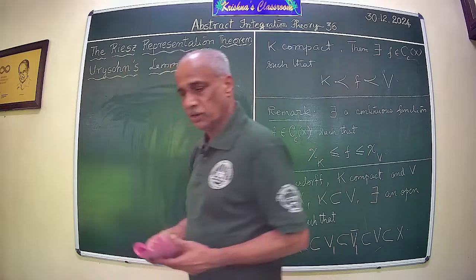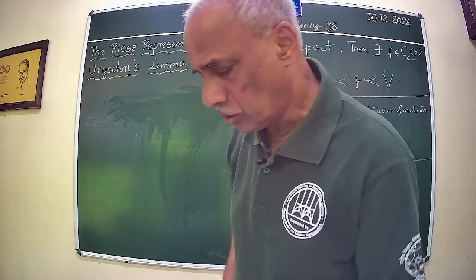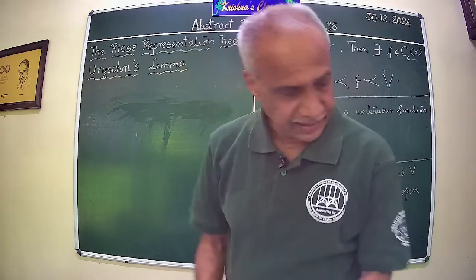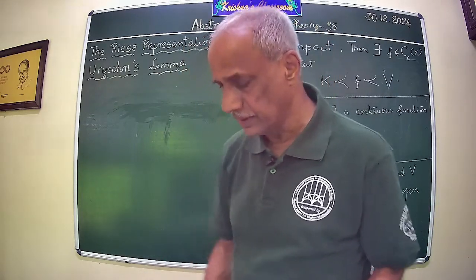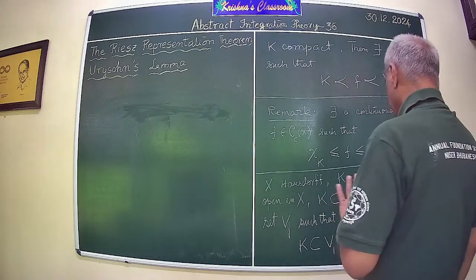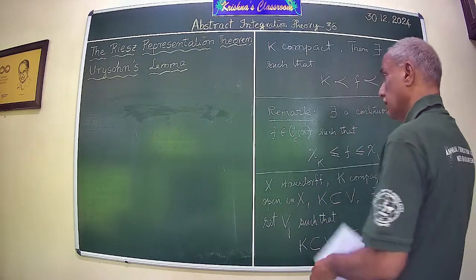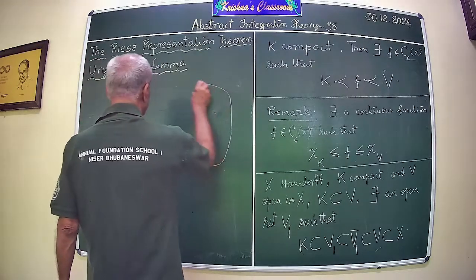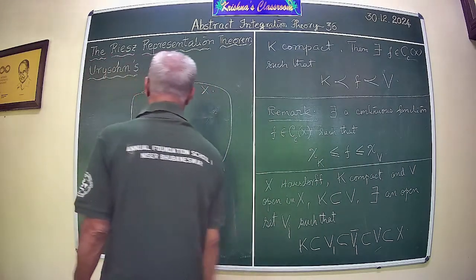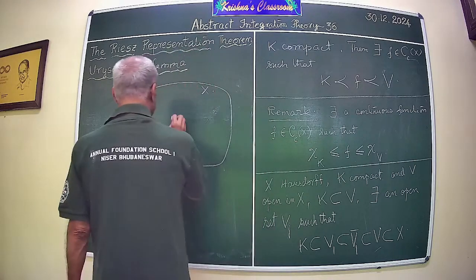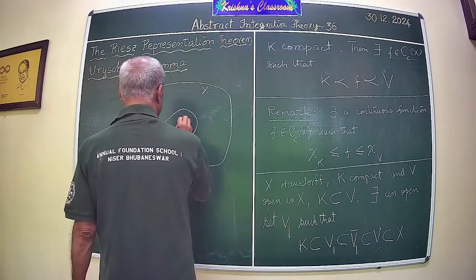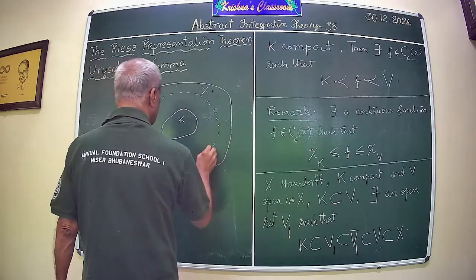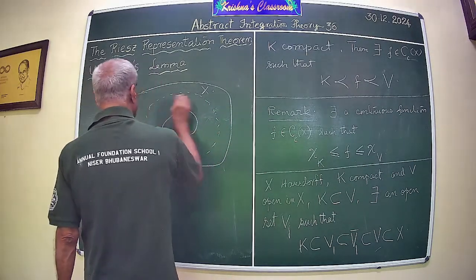It is slightly longish and a bit complicated with statements, so we will postpone the proof of this theorem to the next lecture, but we'll prepare the ground for this result. So this is the scenario: X is there, then K is here, now you have V here.